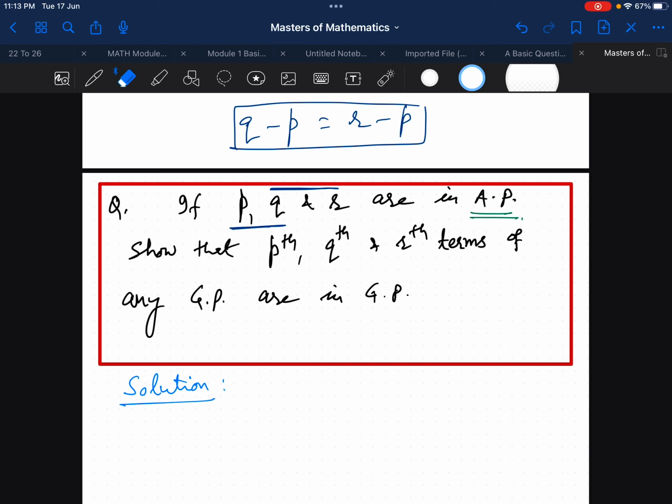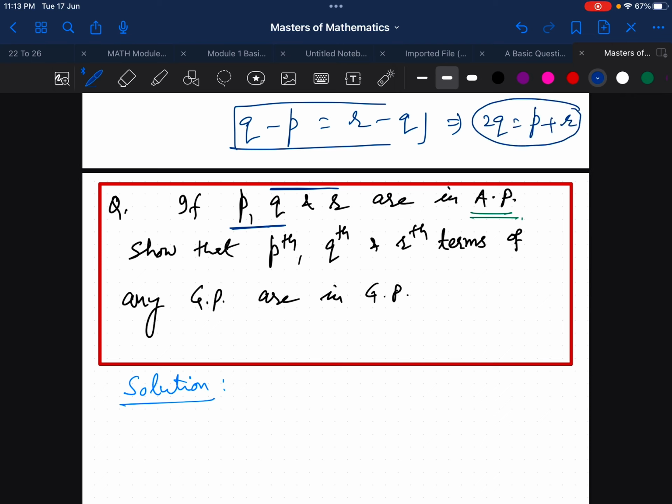So here the second term is not P, the second term is Q. So I can say Q plus Q, means 2Q, will be equal to P plus R. We also know that whenever three numbers P, Q and R are in AP, then twice the middle term will be the sum of the first term and third term. So it is given as 2Q equal to P plus R. So this is my first information.